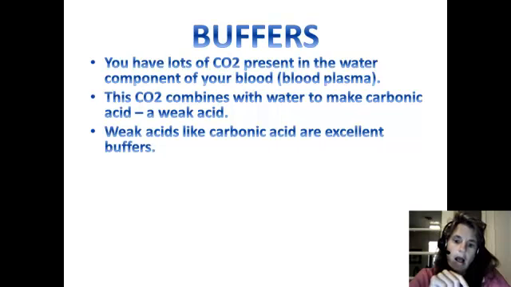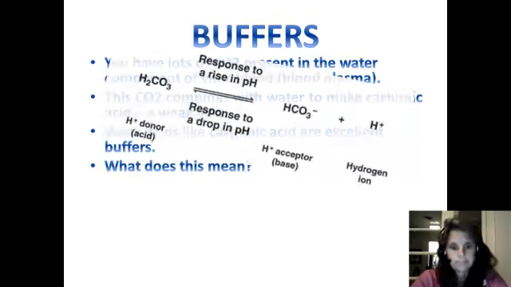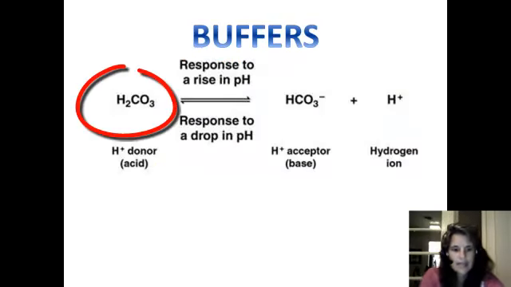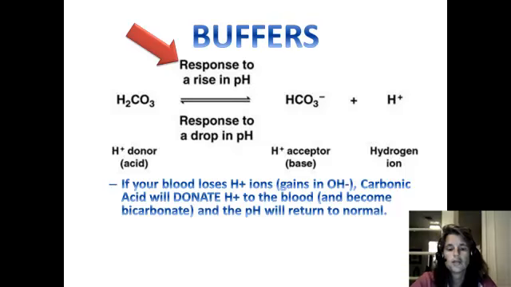Now, weak acids are excellent buffers, okay? Now, here's why. Your weak acid is shown on the left side of the screen. This H2CO3 is carbonic acid. If you have a rise in pH, it goes up from 7, which means it becomes more basic, more OH negatives.